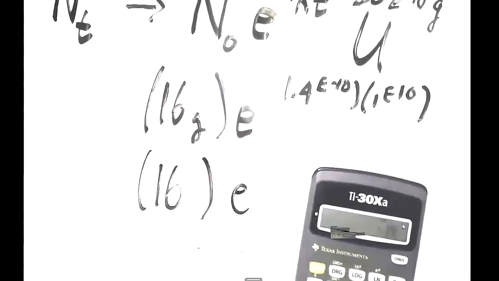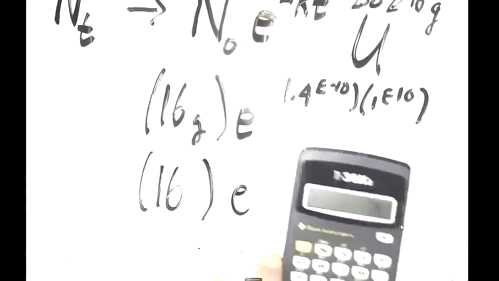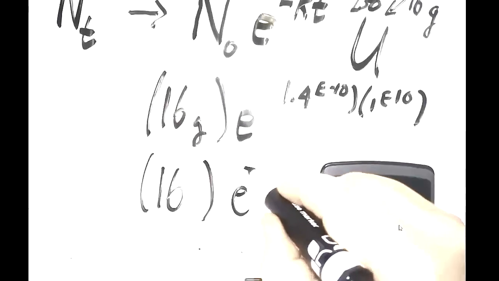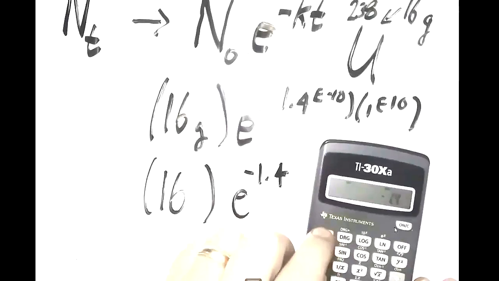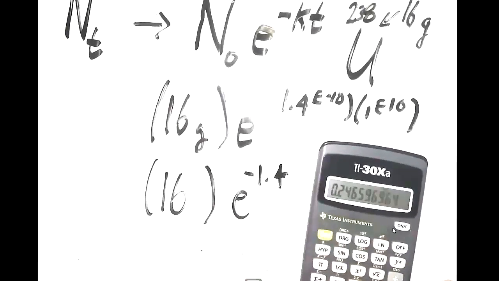So this becomes negative 1.4. But this is where we have to use our e to the x function. So we're going to literally raise e to the negative 1.4 power. Second function, e to the x, and there it is.